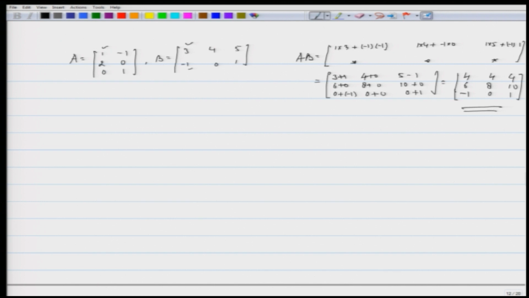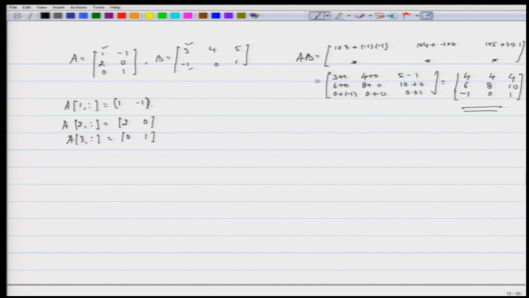This we all know how to compute, the way we have computed it. This is what we learnt in our school. Now, we would like to understand this matrix multiplication in a different way. So, what is the different way? Let us try to see. I have the first row of the matrix as 1 minus 1, the second row is 2 0, the third row of A is 0 1.